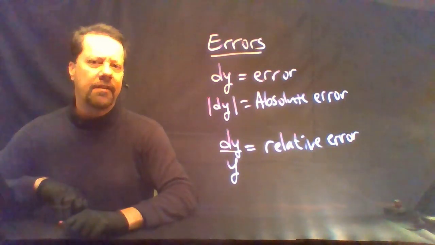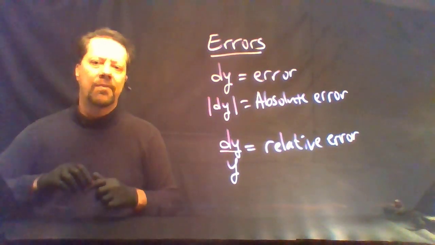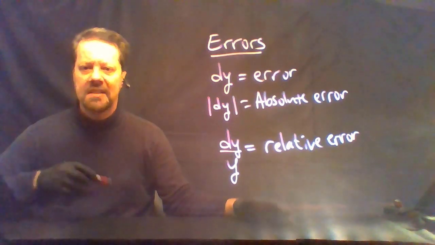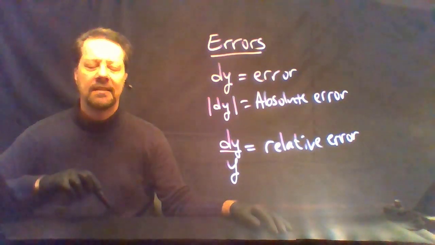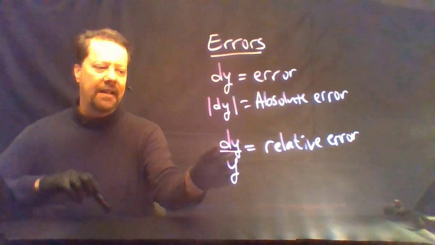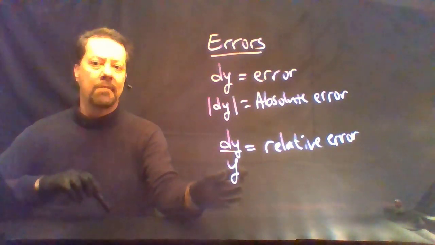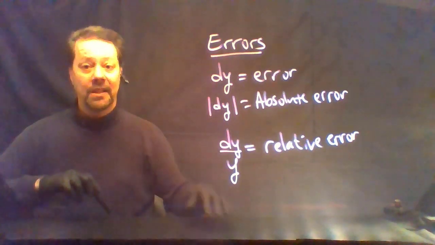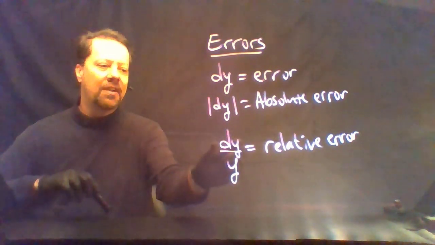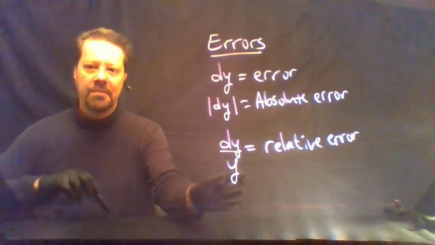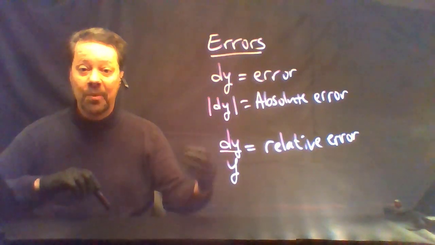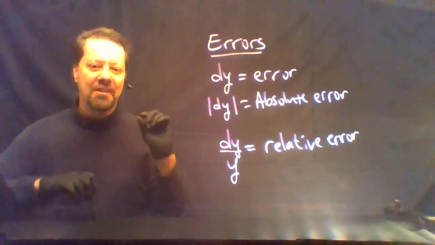Think of the relative error in this way. If I launch a rocket and I miss the target by 100 feet, is that good or bad? Well, it depends. If I missed the target by 100 feet, but the object was on Mars, that's pretty good. That's a very small error. But if I missed the target by 100 feet, but the target was 100 feet away, that's a very, very bad error.